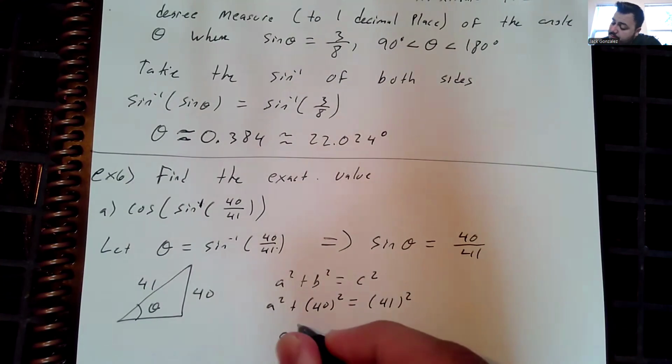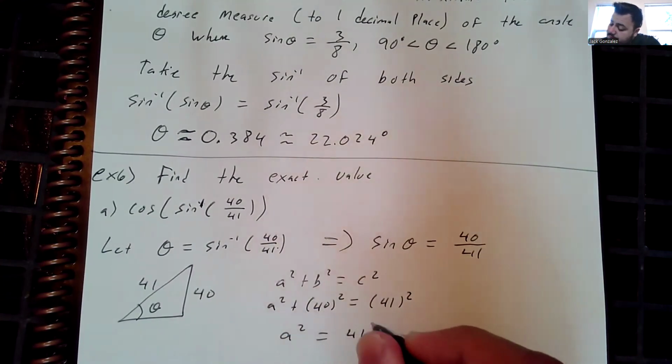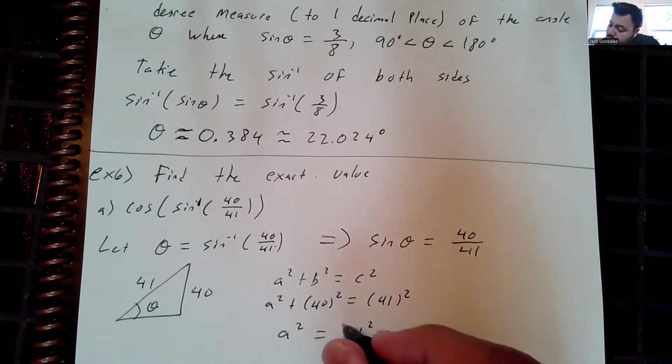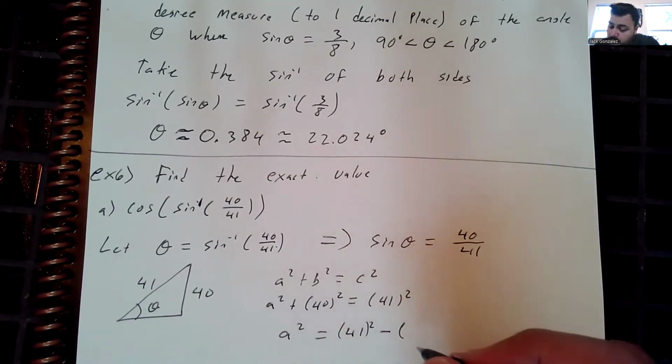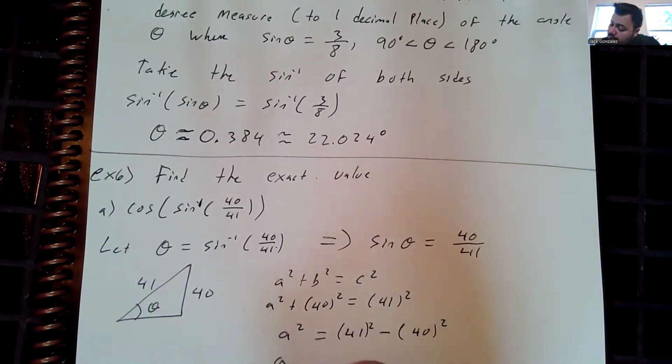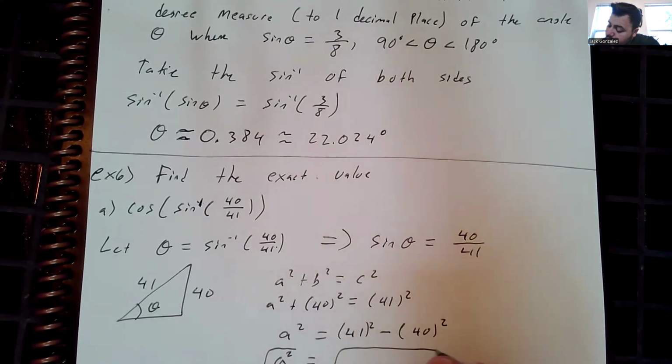So a squared is equal to this stuff, which means we square root both sides, and a is equal to whatever this is. Don't know what that is.